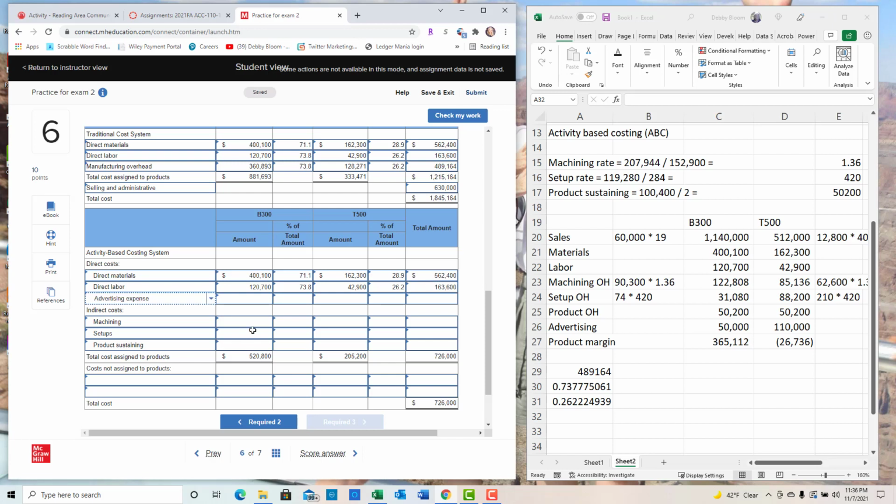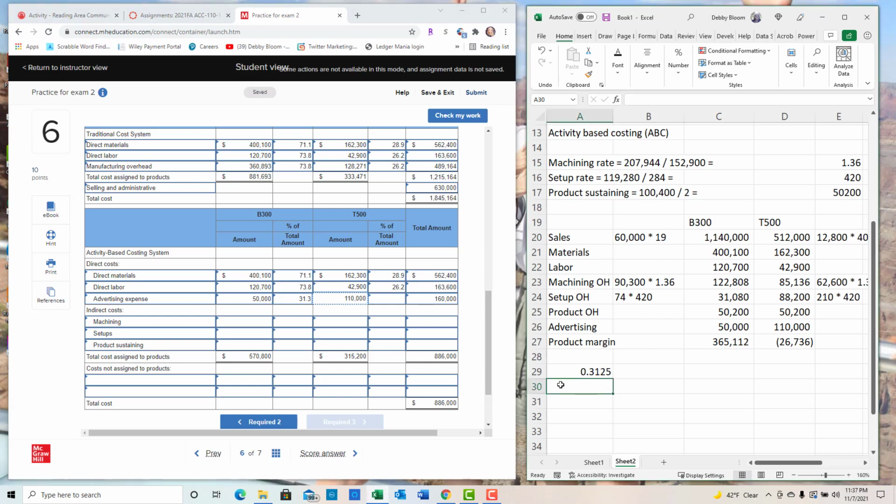Now copying from the right, advertising is 50,000 and 110,000. So 50,000 plus 110,000 gives me 160,000. So now I'm going to take 50,000 divided by 160,000, and I'm going to get 0.3125, so 31.3%.